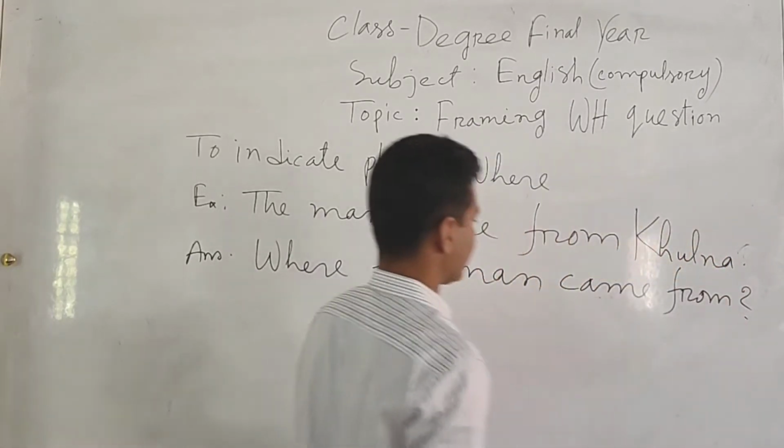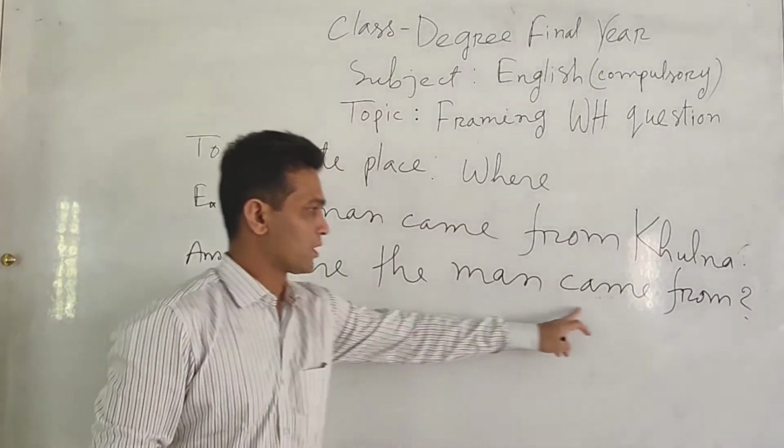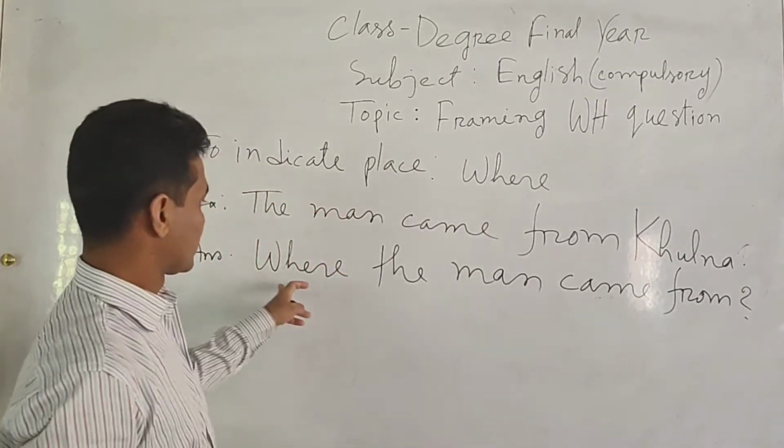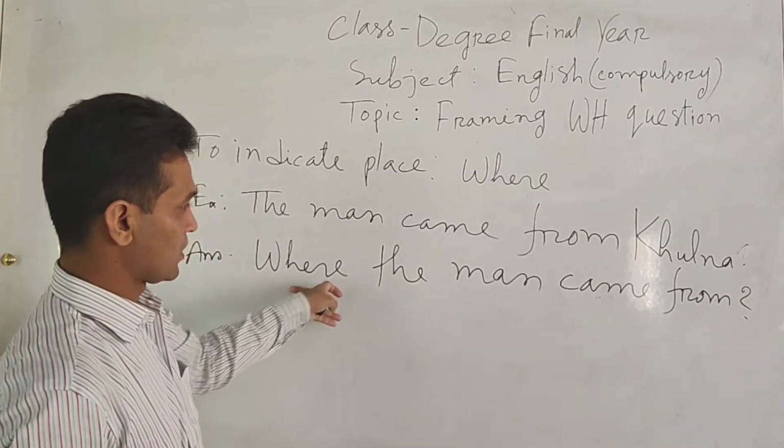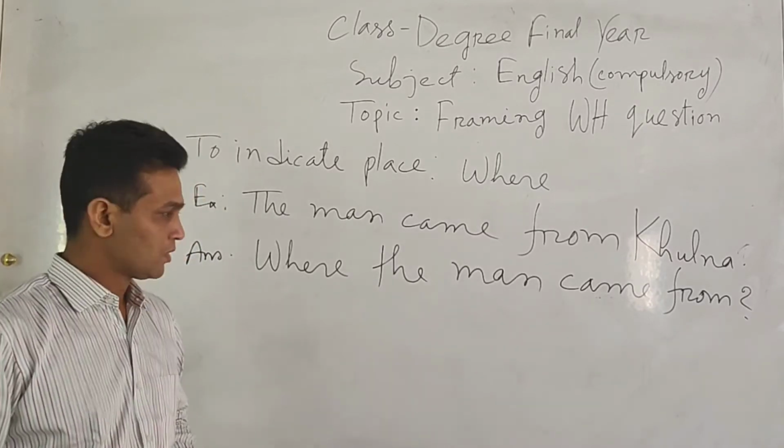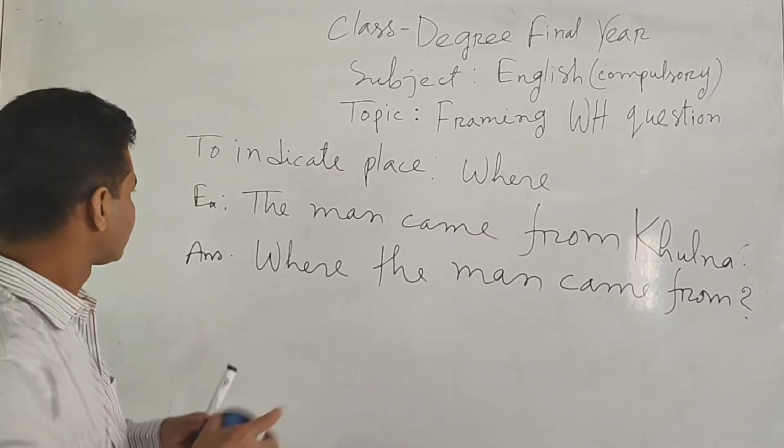Where the man came from. So, to indicate place, we always use where. Where the man came from. Next one.